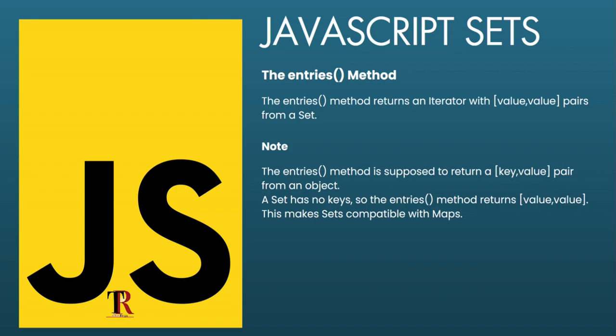A set has no keys, so the entries method returns values. Because a set does not have keys, unlike an object or array where you can say name equals John, age equals 30, where name and age are the keys and John and 30 are the values, there is nothing like that in a set. So instead of returning keys, the entries method just returns the value side by side twice. This makes sets compatible with maps. If you remember when we talked about maps, you can see the similarity between both of them.